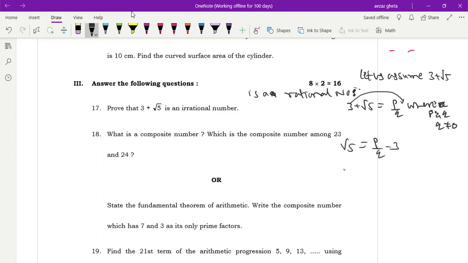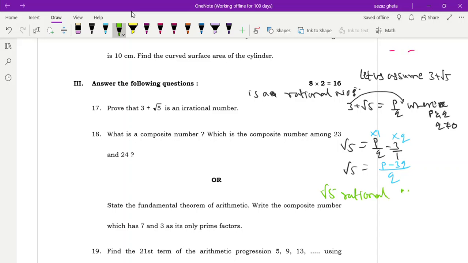Root 5 is equal to p minus... LCM you will take here. The LCM is what? LCM is q into 1, so it is q: p minus 3q by q. This is up to here mathematics. You will write root 5 is rational.